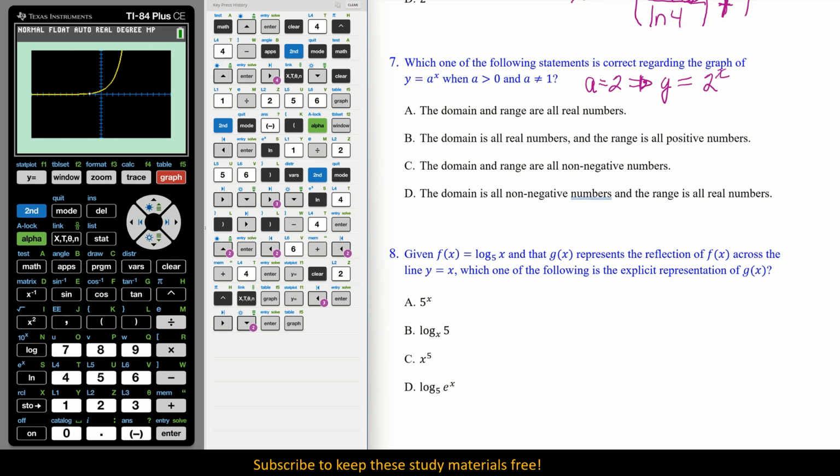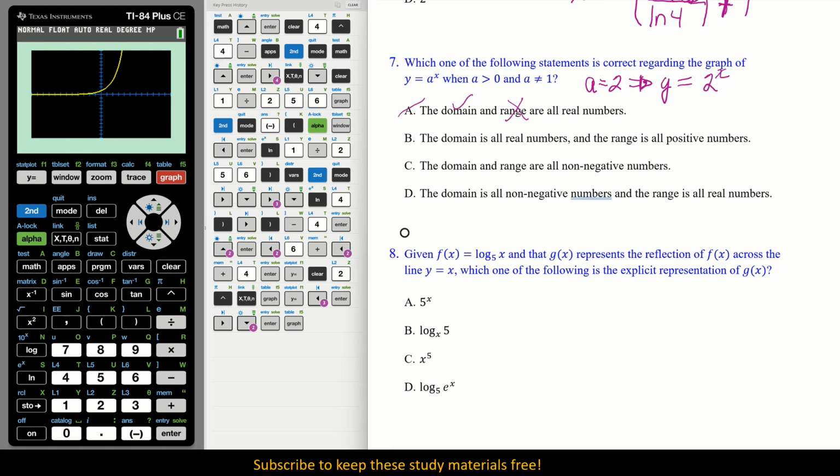Okay, so let's look at this. Now we have a reference, something that we can look at as we read through our options. Okay, A, the domain and range are all real numbers. Is the range all real numbers? No, it is not. So the domain is all real numbers, but the range is not.